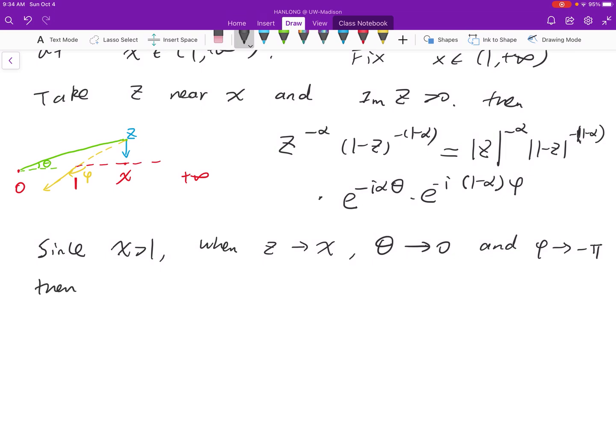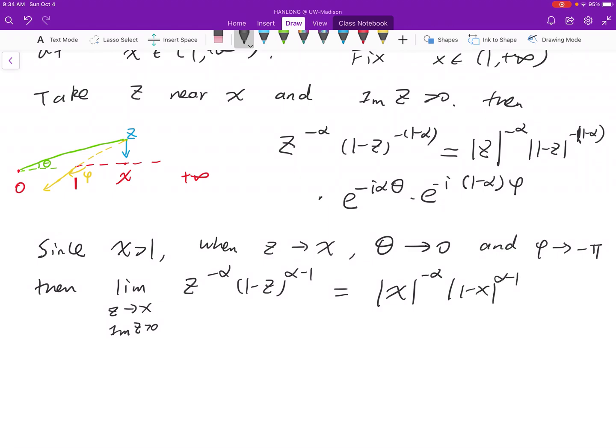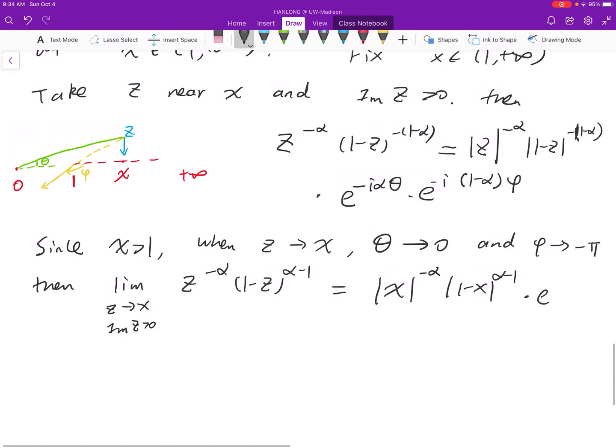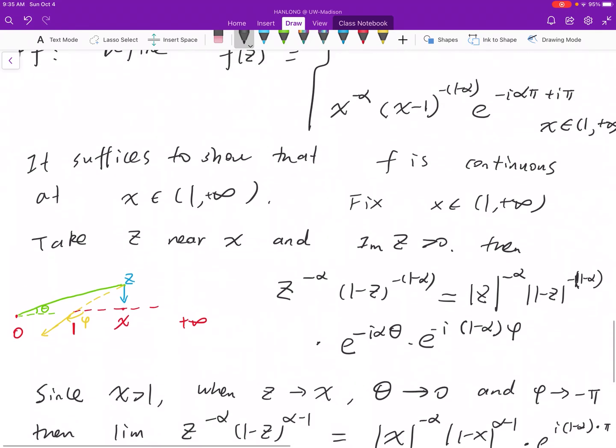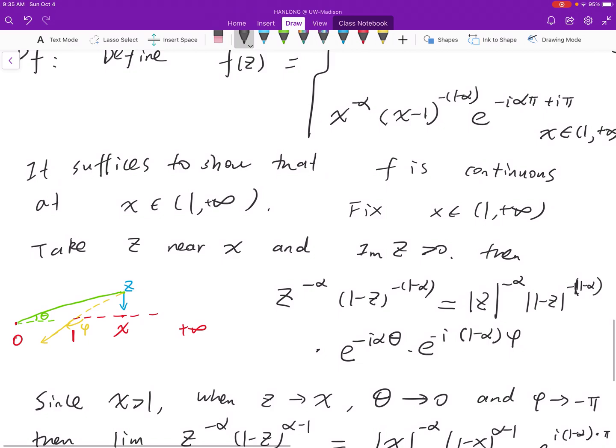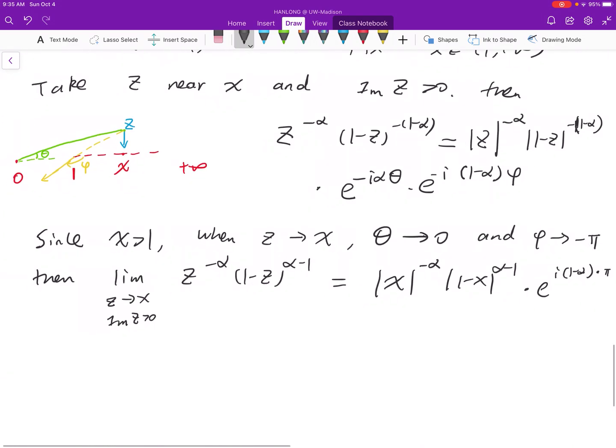Then the limit as z goes to x, with imaginary part of z greater than 0, of z to the negative alpha times 1 minus z to the alpha minus 1, is x to the negative alpha times 1 minus x to the alpha minus 1, times exponential i (alpha minus 1) times negative pi, or 1 minus alpha times pi. So that's exactly f(x).